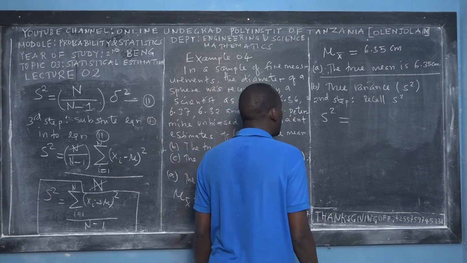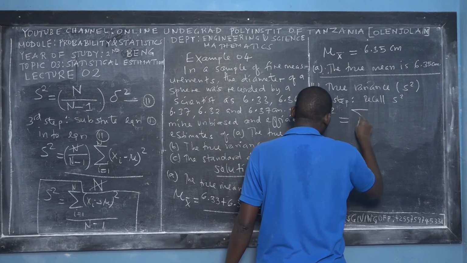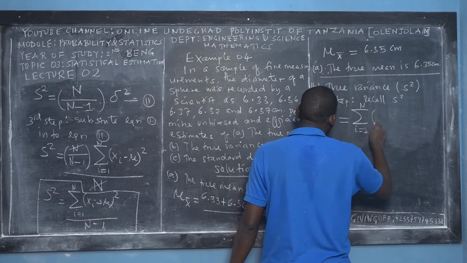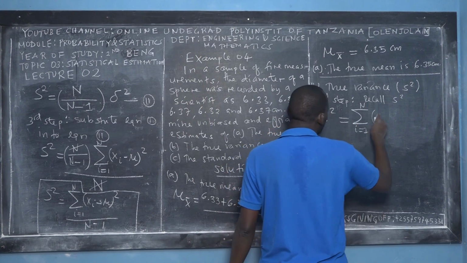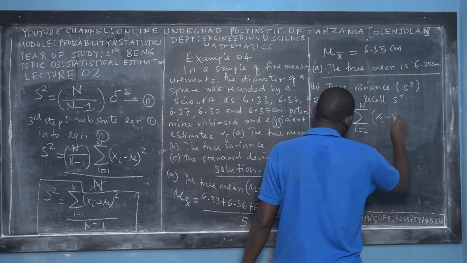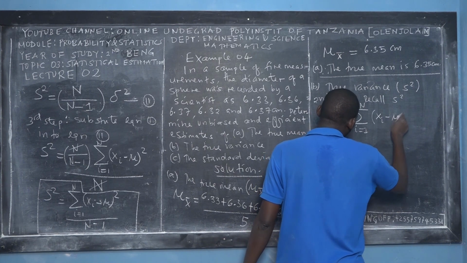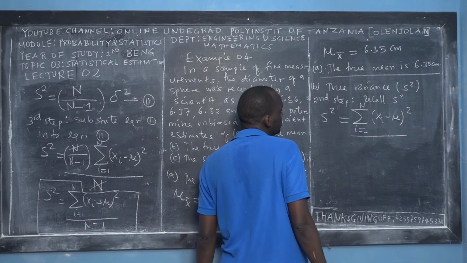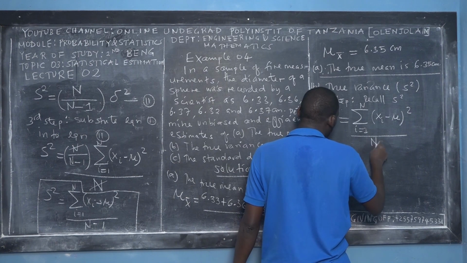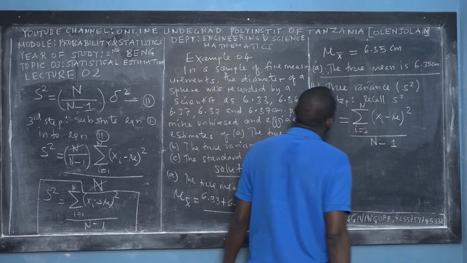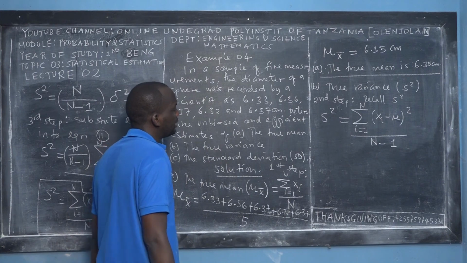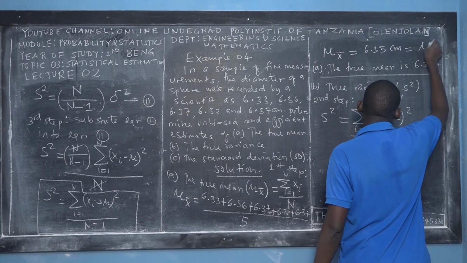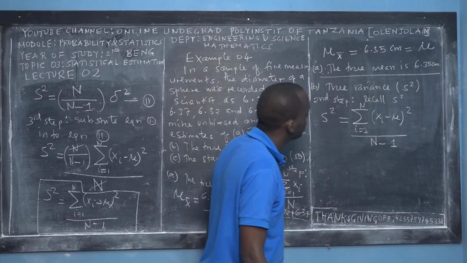So the statistical variance will be the summation when i is equal to 1 to n of xi minus the mean, squared, divided by the sample size minus 1. Remember, this one is a biased estimator. The mean is the mean of the population.